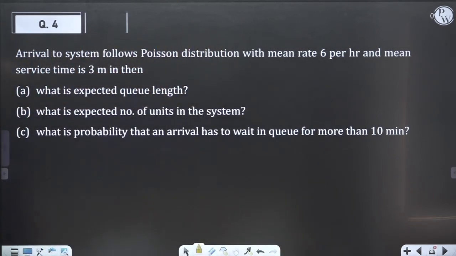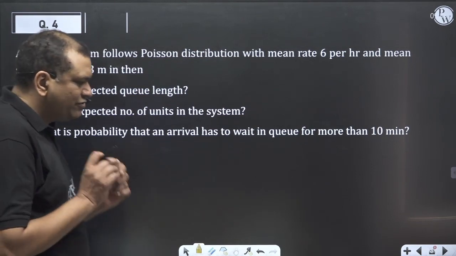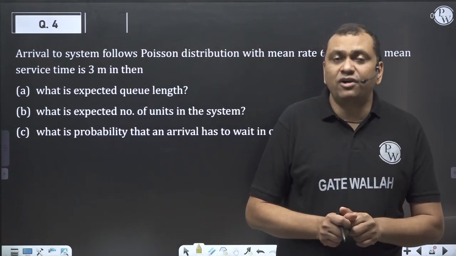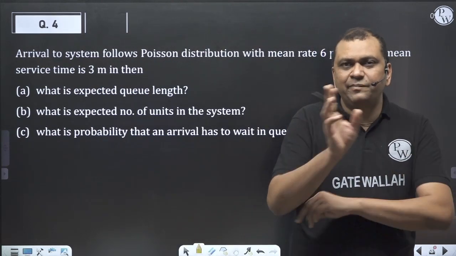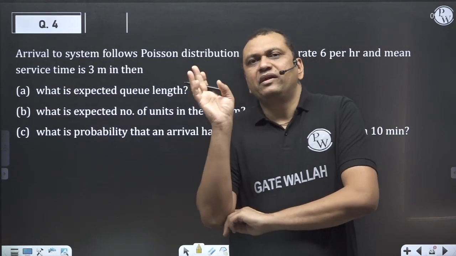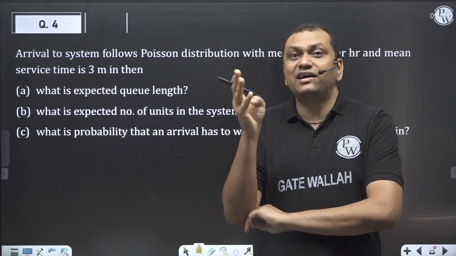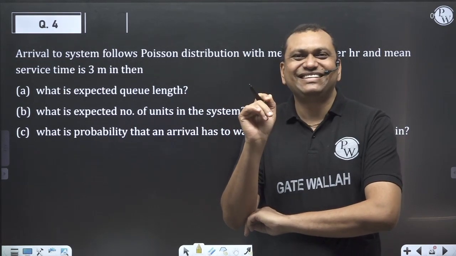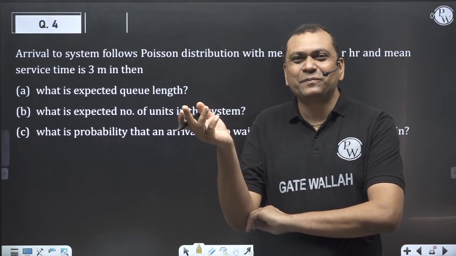Arrival to system follows a Poisson distribution. As I told you in the beginning of the lecture, for GATE and UPSC, it is IFS, IES, IRMS now, and civil services, all 4 exams. Mechanical engineering comes in them.